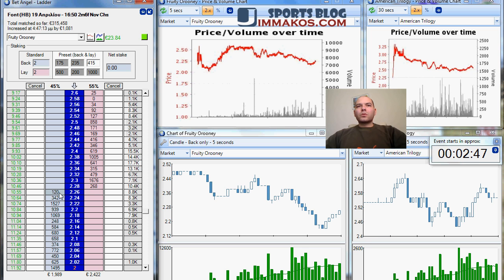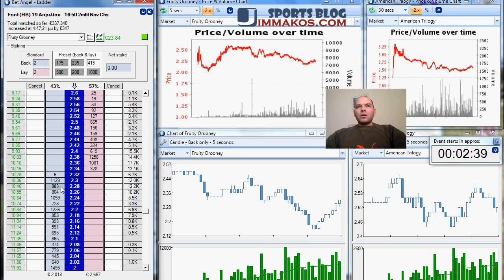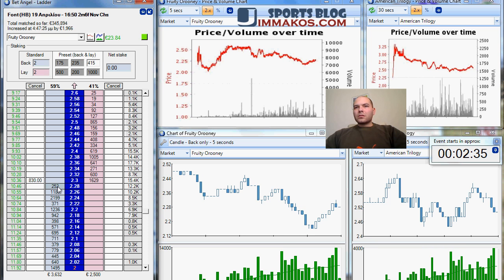So having secured a couple of ticks of the retracement, I'm now reverting to the basic plan of backing first, as I predict a downtrend at least to 2.2.